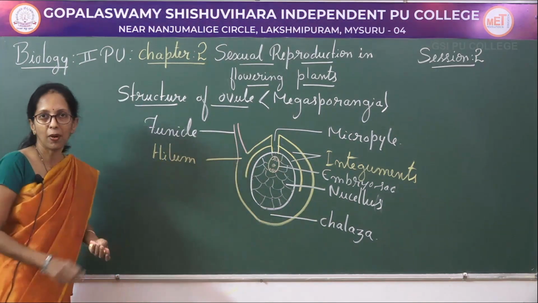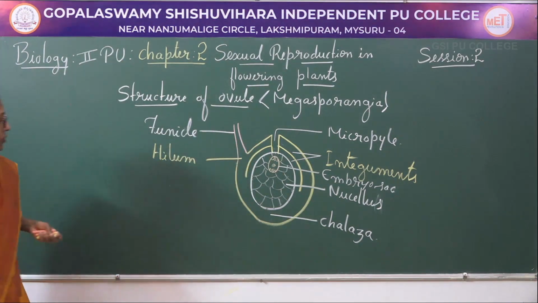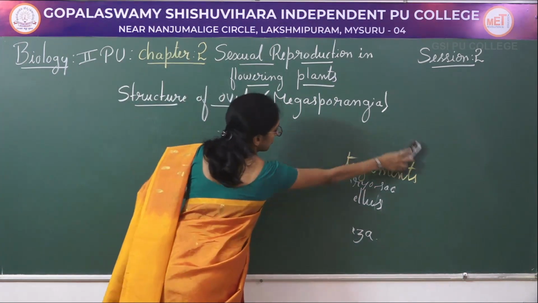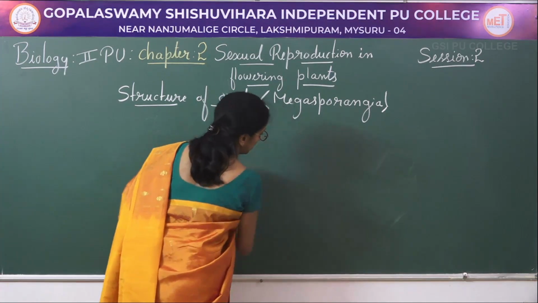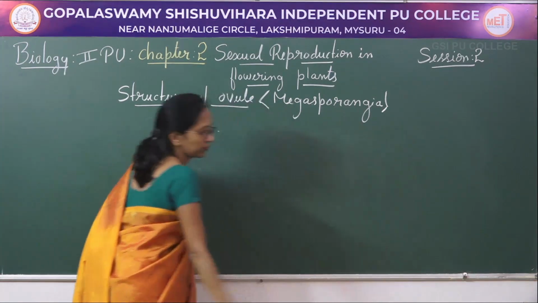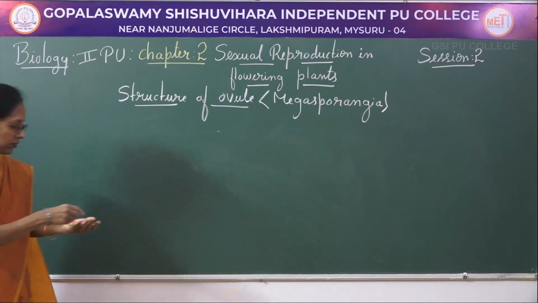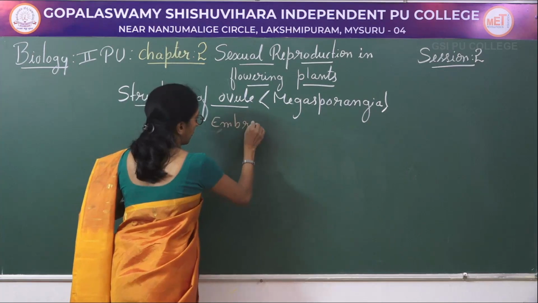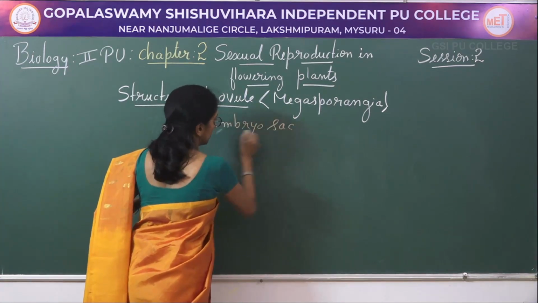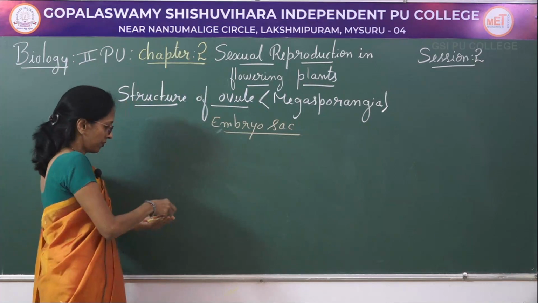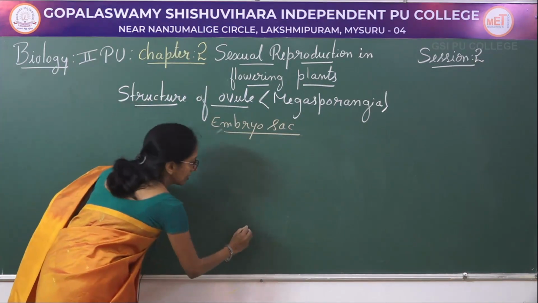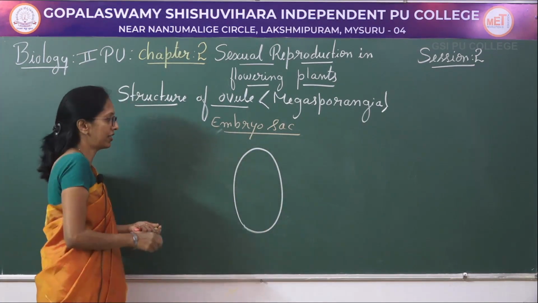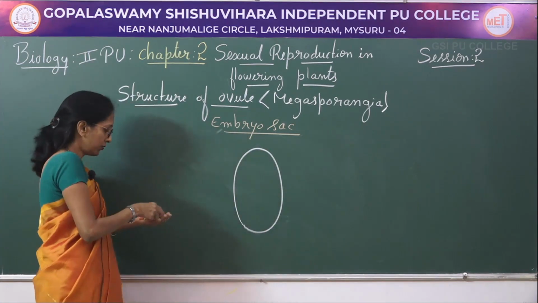Now coming to the parts of embryo sac. The embryo sac that is present towards the micropylar region consists of three parts.